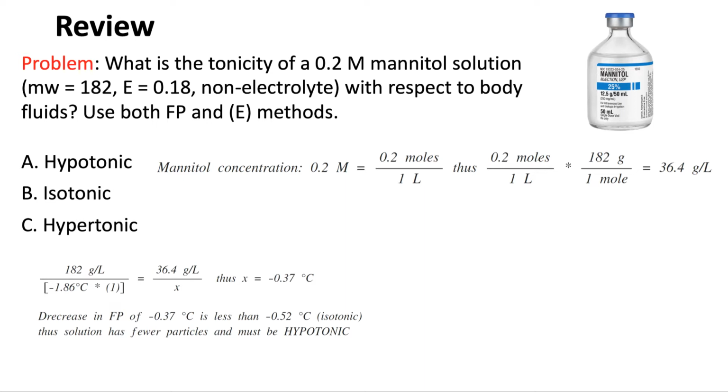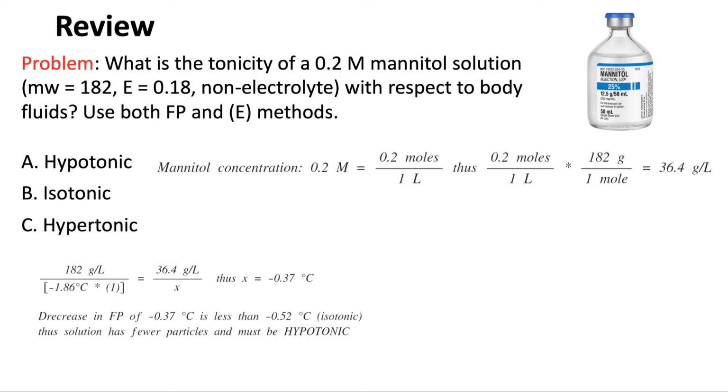Since our value for this concentration of mannitol is negative 0.37, in one sense it's a greater number. It's not nearly as negative, but it is a smaller decrease in the freezing point than an isotonic solution. So we would conclude that this has fewer particles and this is a hypotonic solution compared to biologic fluids.